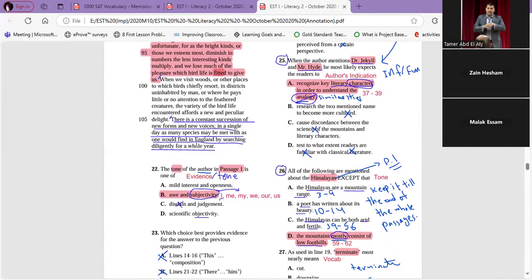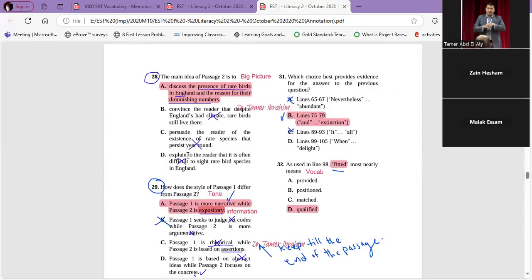He does say rare, but maybe because he said here that in a single day as many species may be met with as one would find in England by searching diligently for a whole year. But here he said that England is rare. England doesn't have. Here there is another area that you can search. No, I'm not going to take it.